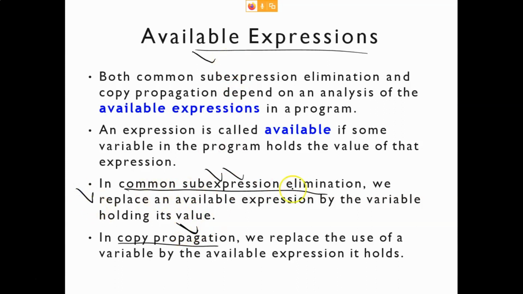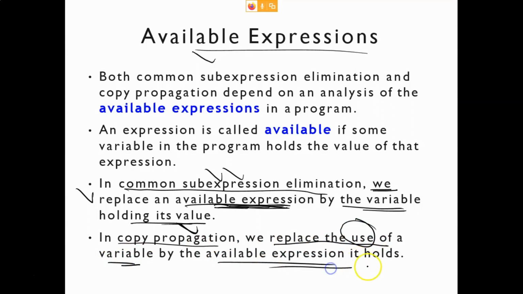So basically this is common subexpression elimination. Let's see the definition once again. We replace an available expression by the variable that is holding its value. This is what we do in common subexpression elimination. And in copy propagation, we replace the use of a variable by the available expression it holds.